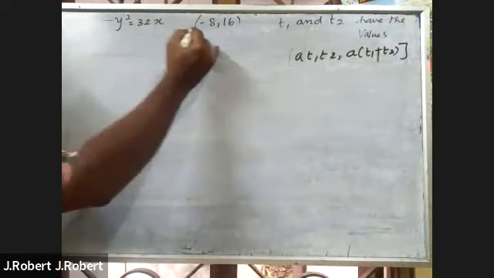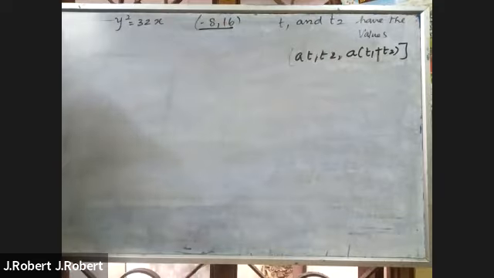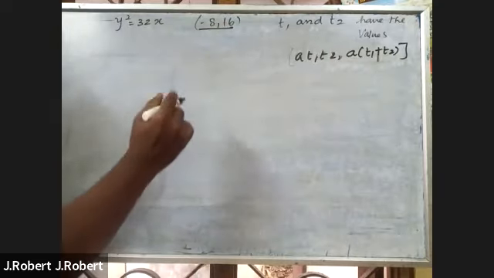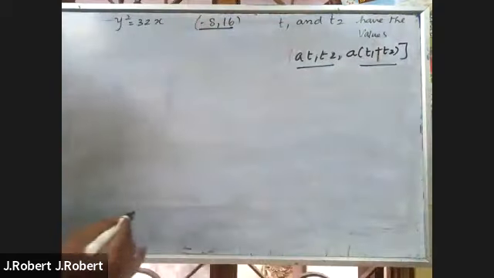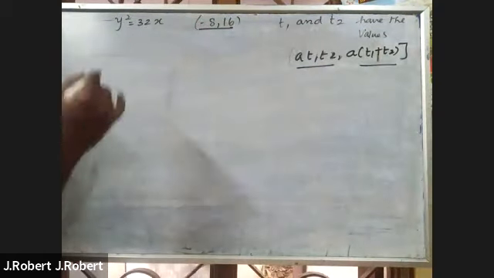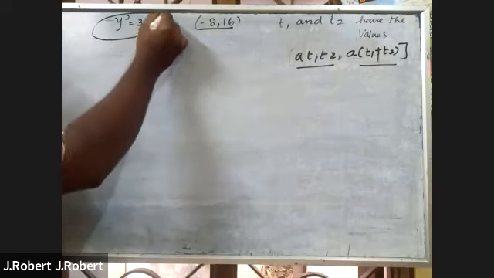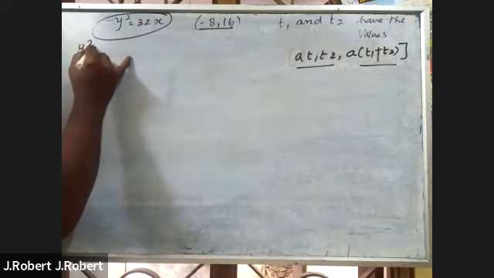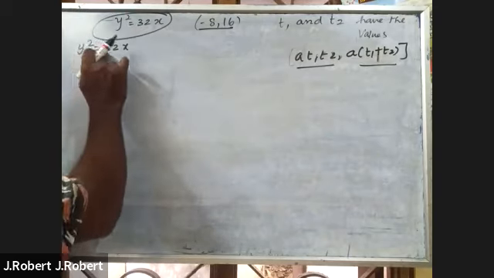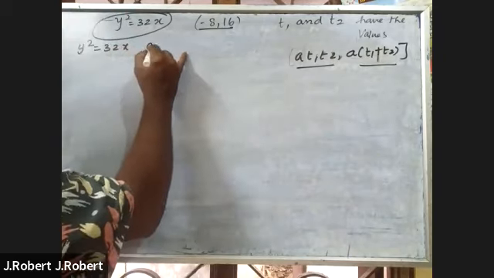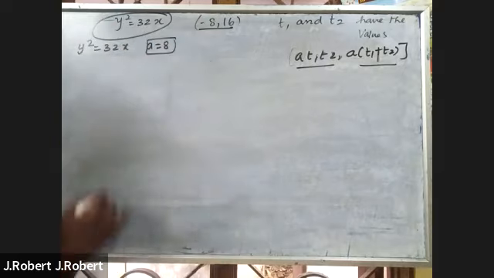And the point of intersection is given as minus 8 comma 16. This is of the form minus 8 comma 16, which is equal to a T1 T2 comma a into T1 plus T2. See, the parabola is given as y squared equals 32x. So this is of the form y squared equals 4ax. Above, 4a is equal to 32, which means that a is equal to 8.